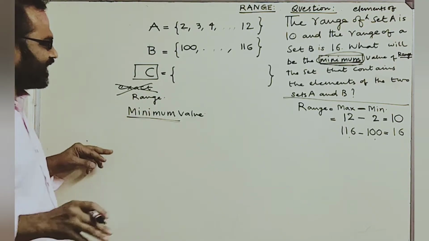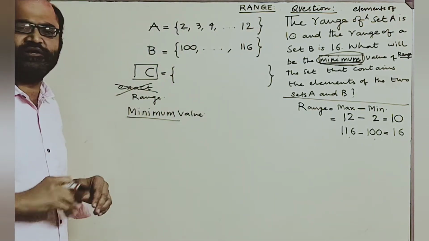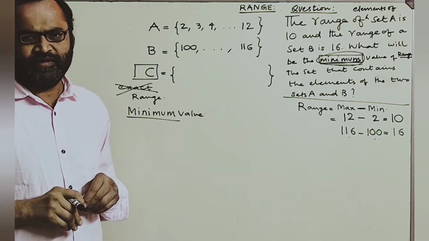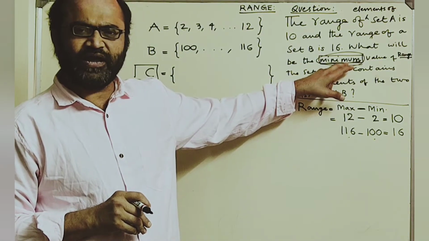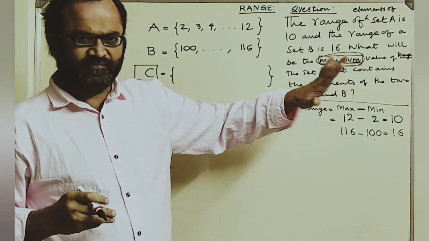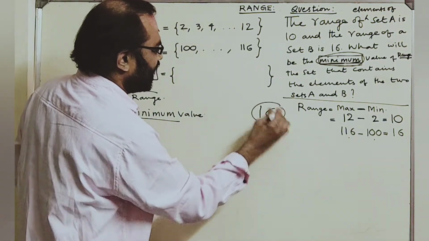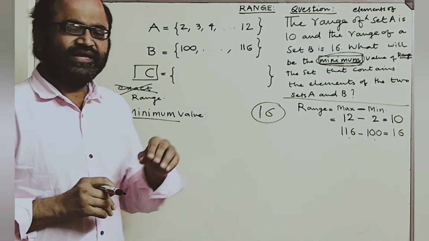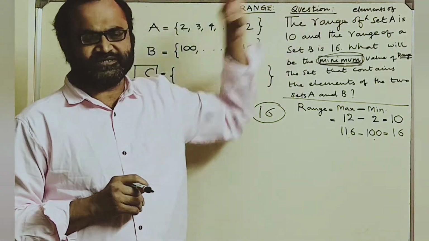What I would say is, you do not have to write any examples for the two sets A and B. And whenever the question is about the minimum value of the range, when the ranges of two sets are given, then the answer will straight away be 16. And 16 is what? The greater of the two ranges of the two sets.